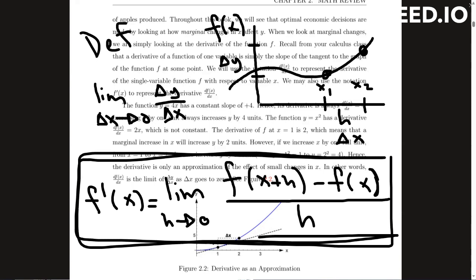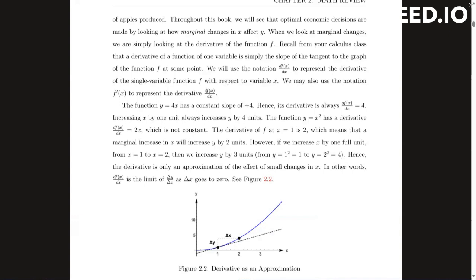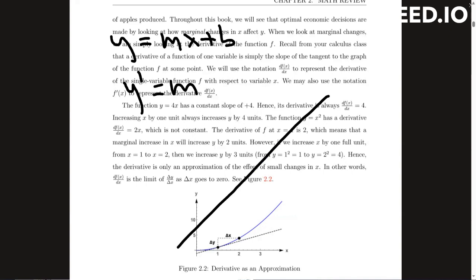The only thing we're getting at is that the derivative of the function is the slope of the function. If you have y equals mx plus b, which is a straight line, and you take the derivative, y prime equals m. So it equals a constant, because the slope of a straight line, rise over run, is the same everywhere.